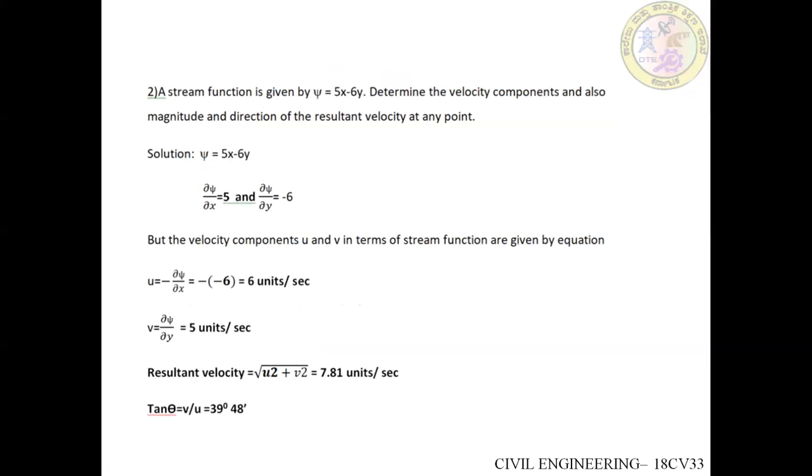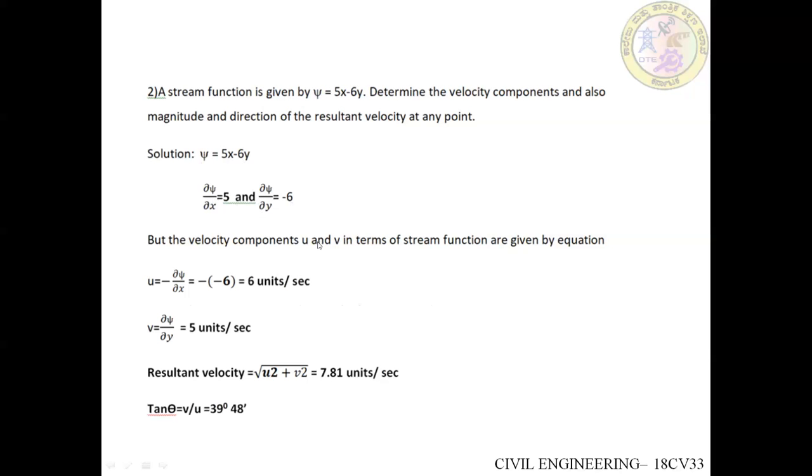Next, the second problem. A stream function is given by psi equals 5x minus 6y. Determine the velocity components and also the magnitude and direction of the resultant velocity at any point. If you partially differentiate this, dou psi by dou x will be equal to 5 and dou psi by dou y is equal to minus 6.